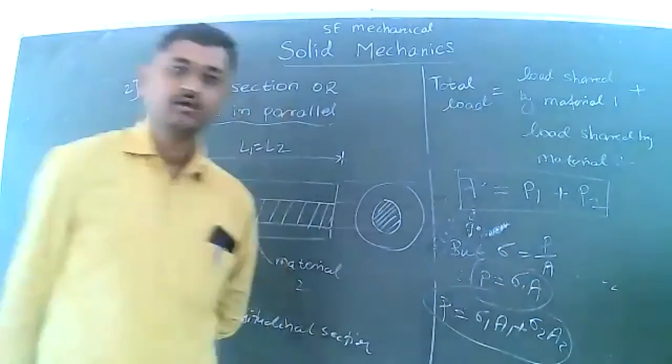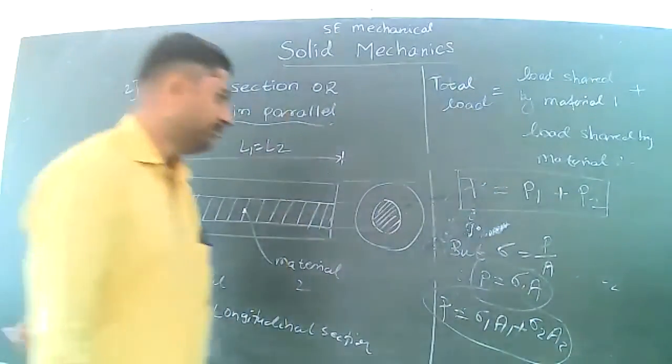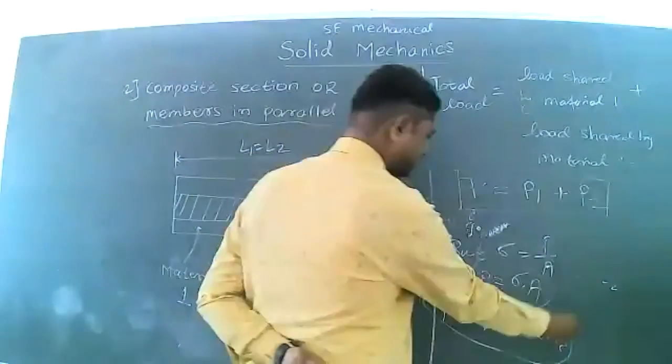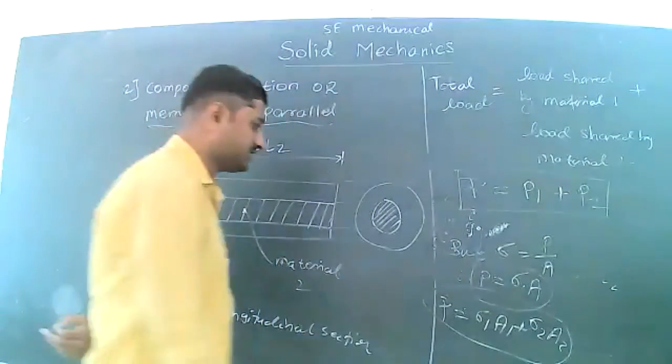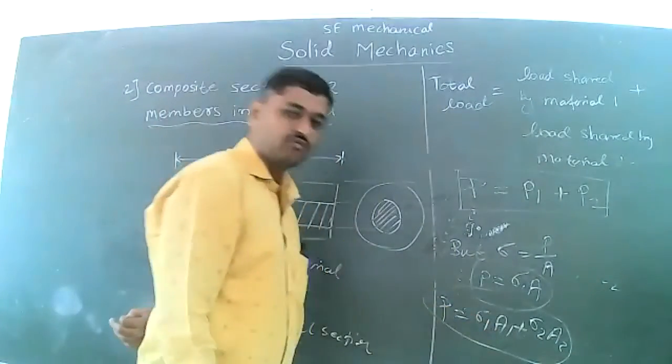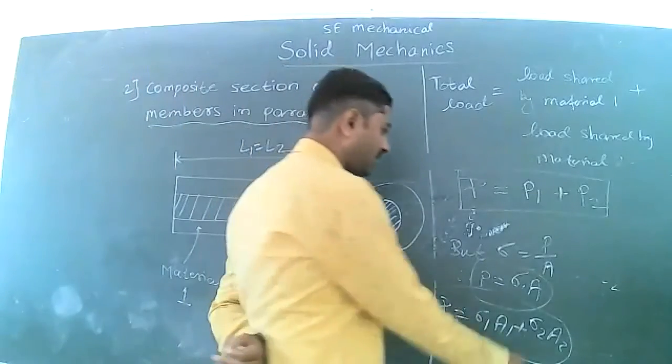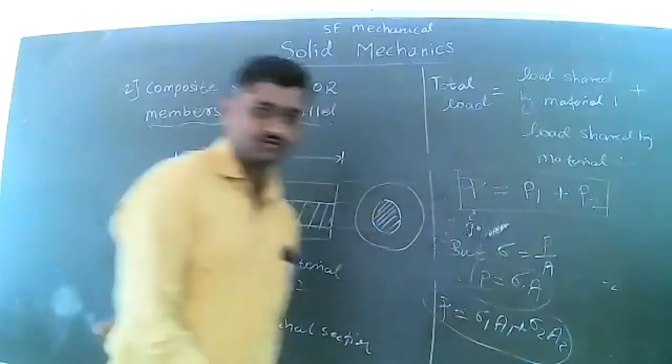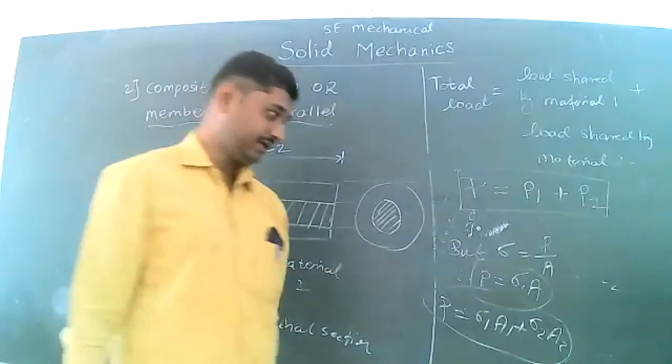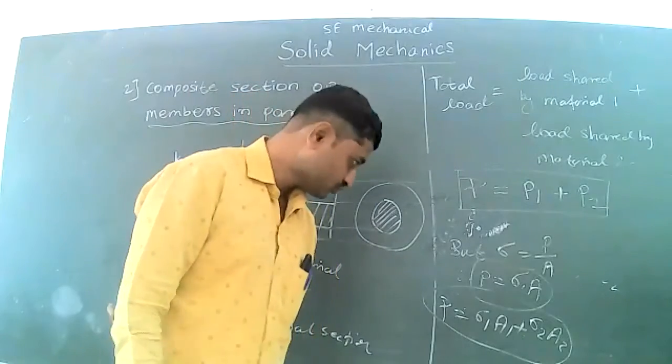So for a composite section, P is equal to sigma 1 A1 plus sigma 2 A2, where sigma and A are the stress and cross section for each material.